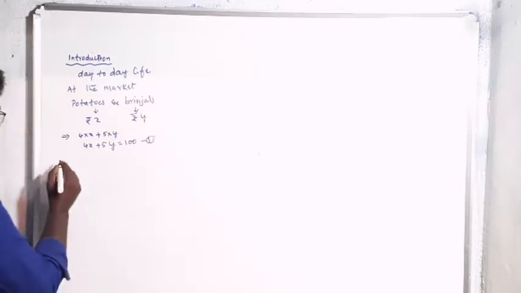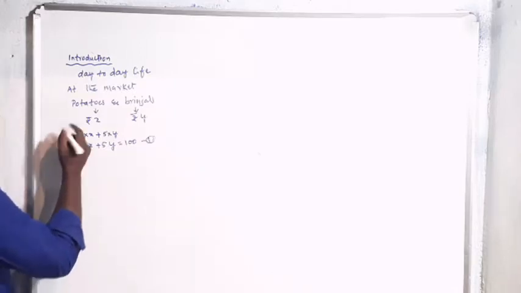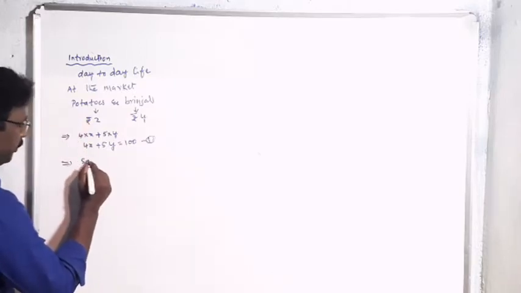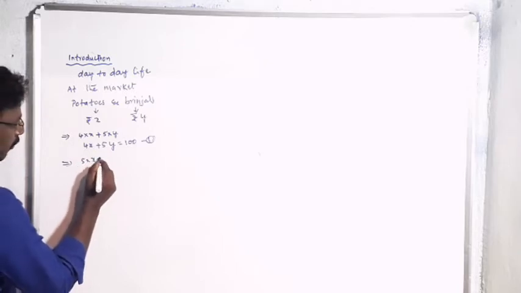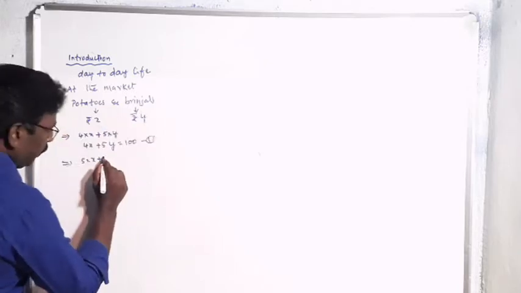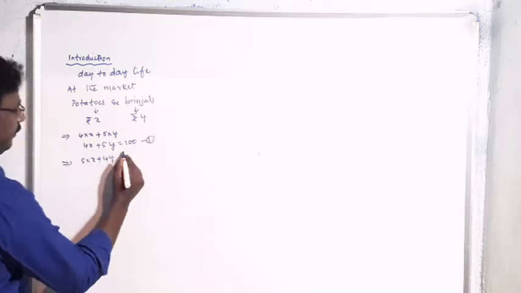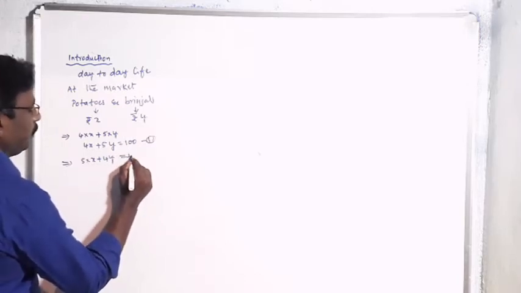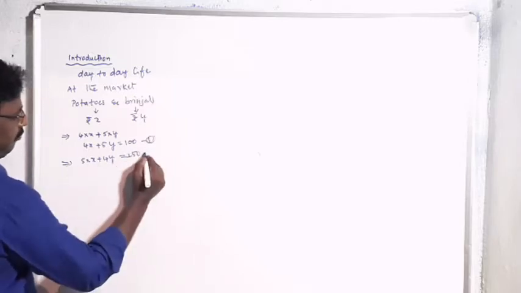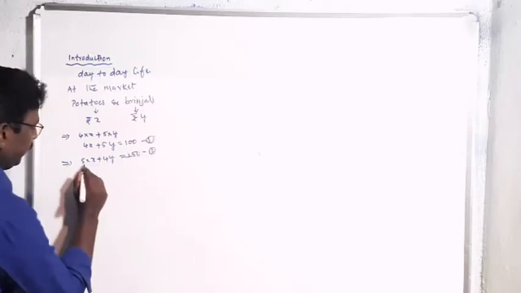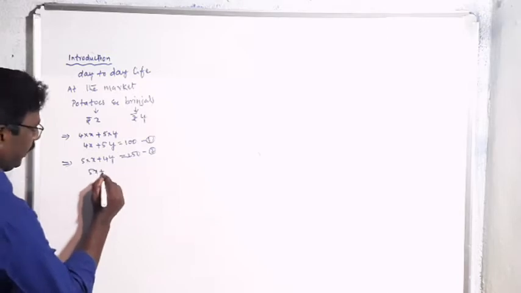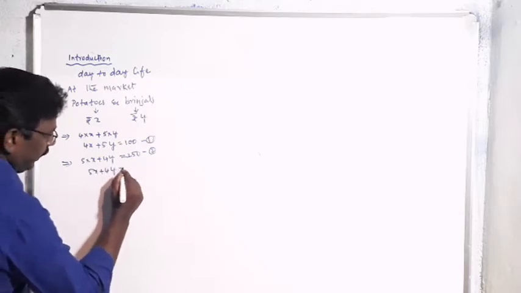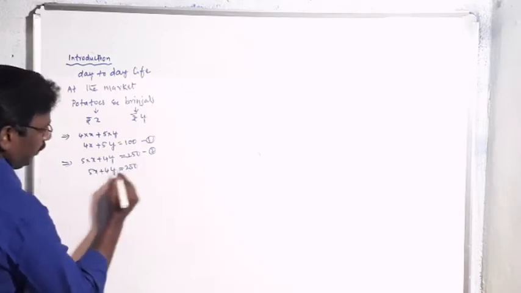Next day, you bought 5 kg potatoes and 4 kg brinjals. The cost is equal to rupees 250. This is the second equation: 5x plus 4y is equal to 250 rupees.